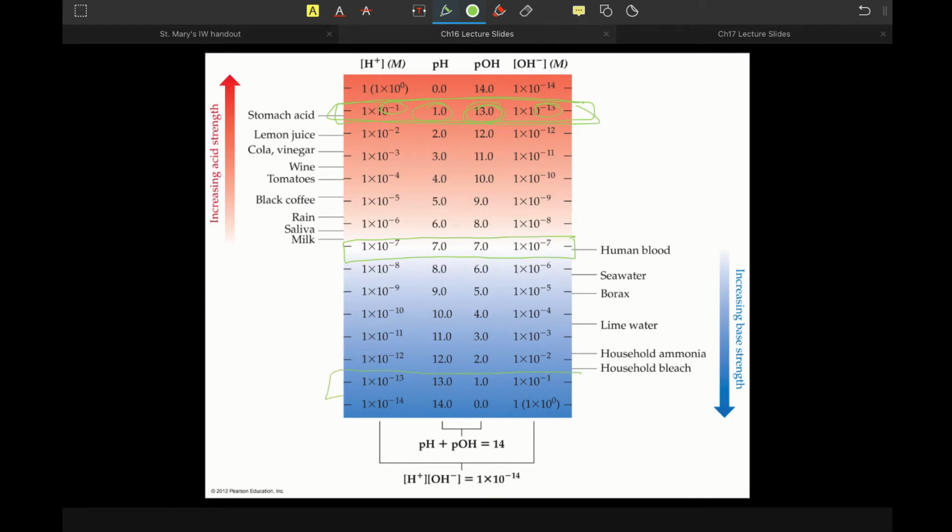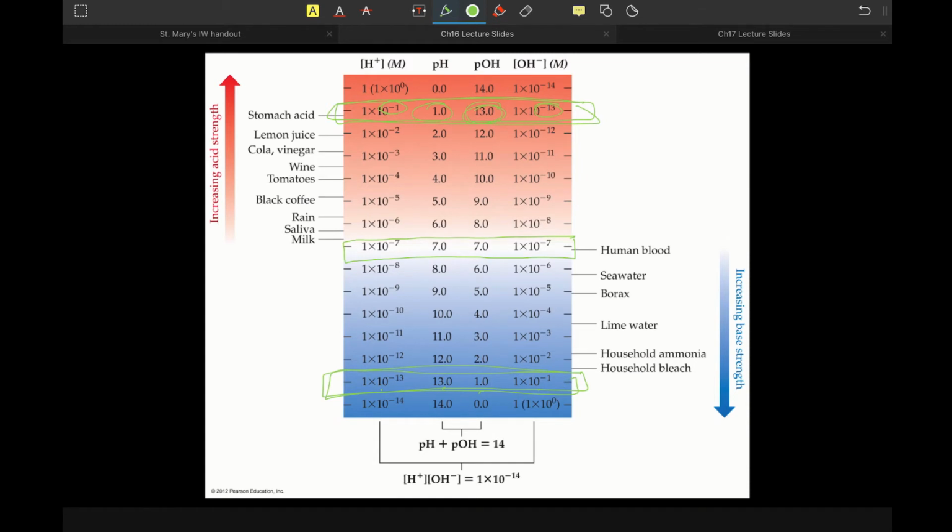Whereas if we come to the opposite end, we see the opposite scenario where we have 10 to the negative 13th for hydronium, which leads to a pH of 13, and a pOH of 1, 10 to the negative 1 for hydroxide. So just be mindful here that we are reasoning through and thinking, because all of the hydroxide ones are one extra step if we're trying to get from hydroxide ion concentration to pH. So make sure you reason through your answer.